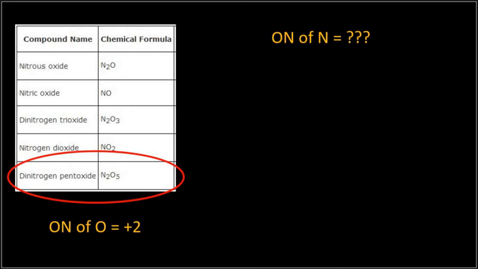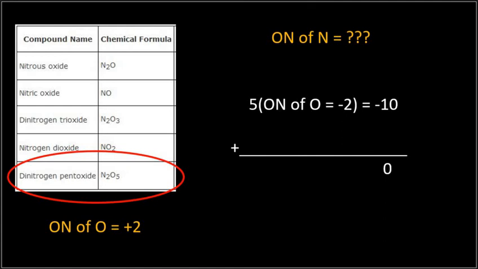In this compound, we have 5 oxygens, each at a -2, to make a -10. Okay, we know they have to total up to 0. And in this scenario, we know we have 2 nitrogens. So you have a +10 and you have 2 of them.